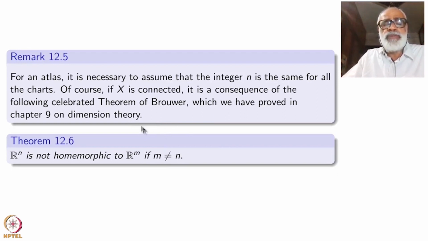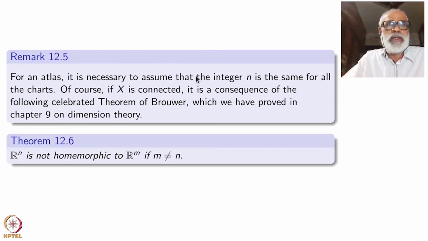It is better to assume that you don't have a line in disjoint union with a point. Such things we don't call a manifold. That's all. Because a line can be parameterized by open subsets inside R, a single parameterization is there.